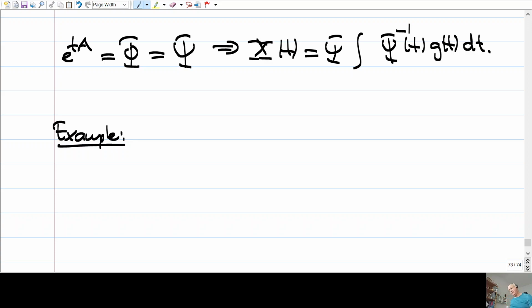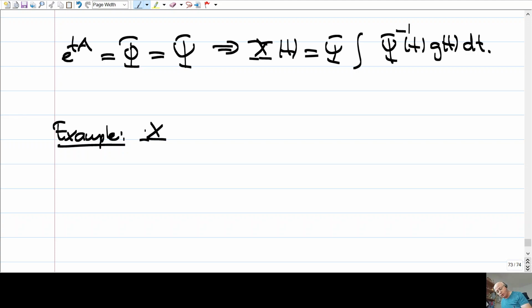All right, so let's start with an example for the method so-called variation of parameters to obtain a particular solution of a non-homogeneous differential equation.